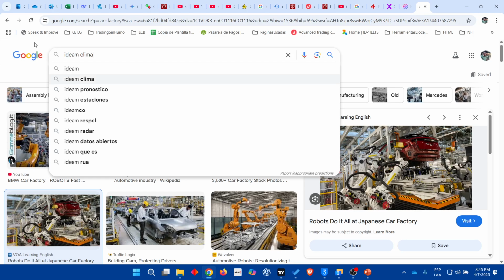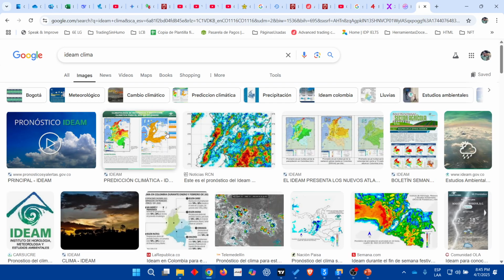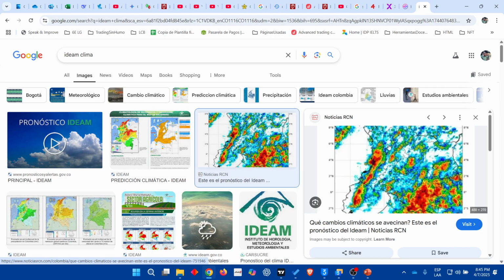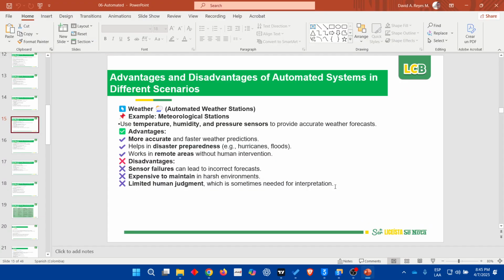IDEAM Clima uses technology to predict if the weather is going to be, for example, a sunny day, a cloudy day, or a rainy day. Okay. Helps in disaster preparedness and works in remote areas without human intervention.